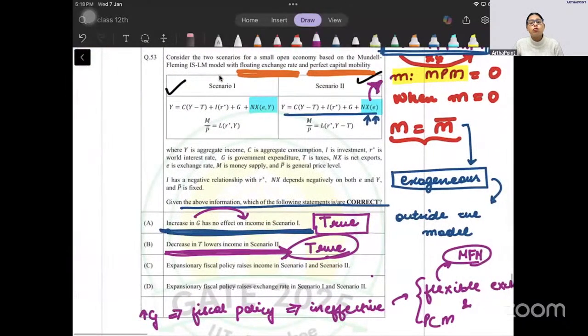If I draw the IS-LM curve, the net export part will only be affected by the exchange rate. Now think about what usually happens.